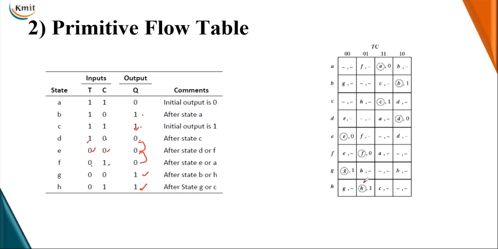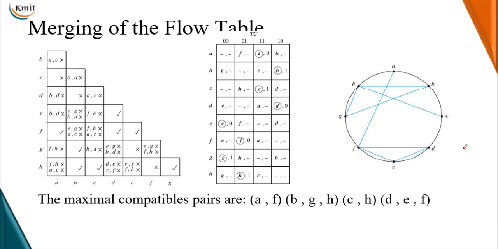Like this, we have to write all the values in the primitive flow table. Upon writing the primitive flow table, we are going to draw the merger chart. In this merger chart, we have a total of 7 rows and 7 columns. Now A and C, let me do that. By compatibility we have to check each state. Are A, C compatible, and A, B compatible or not?